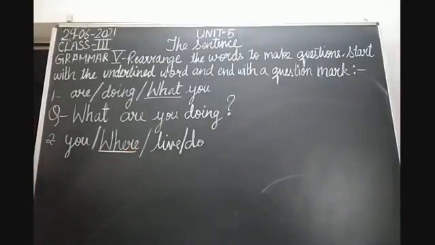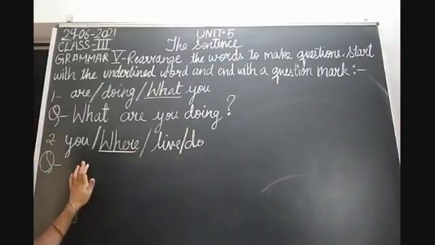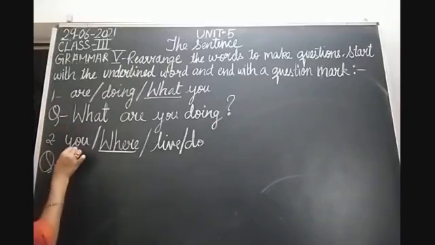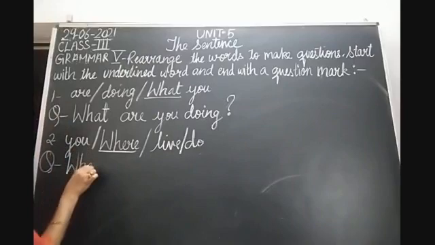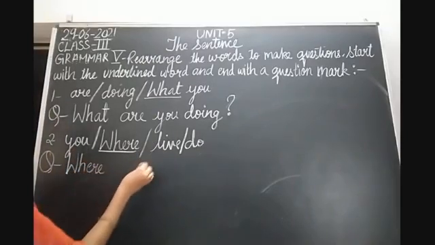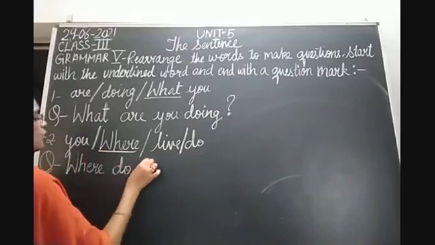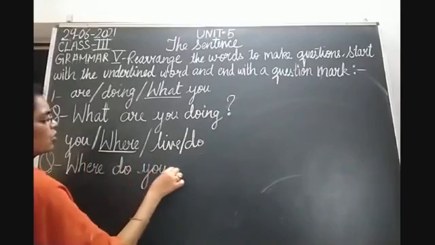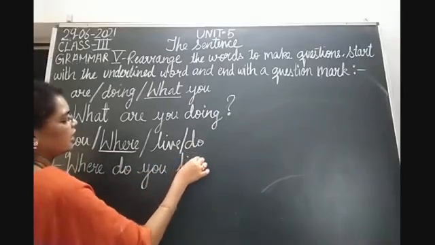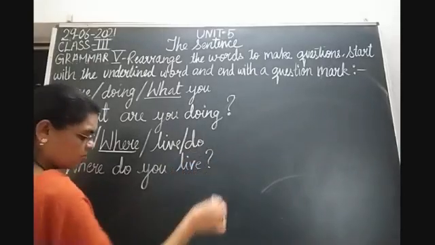So we need to start our question with where, keeping in mind that W of where will be capital. So we'll write where, then do you live. At the end, question mark.